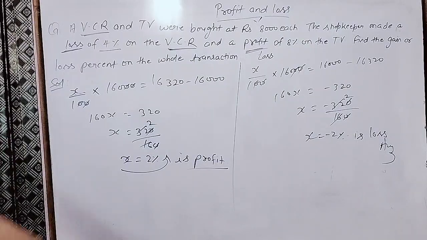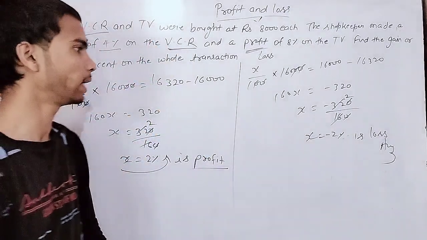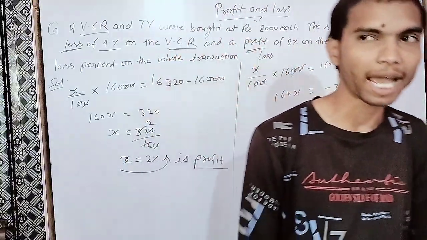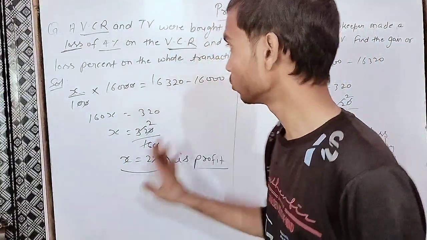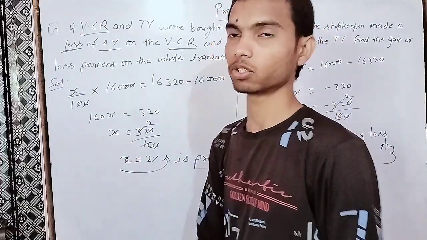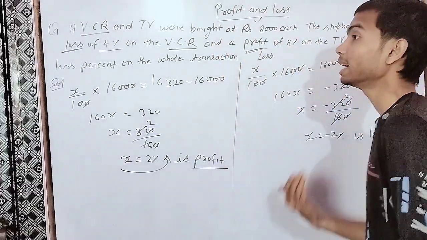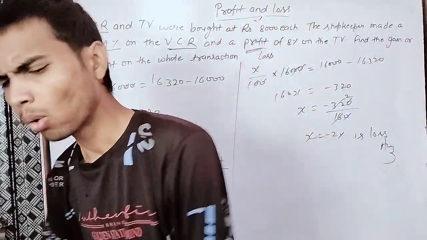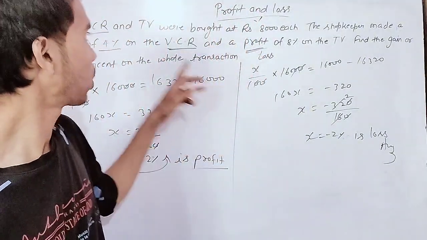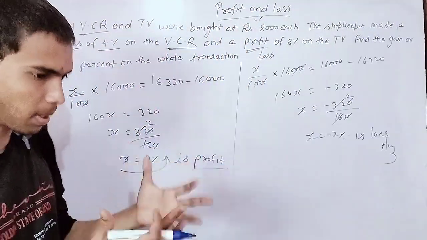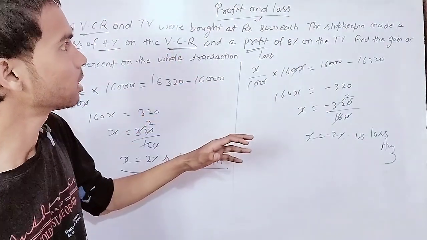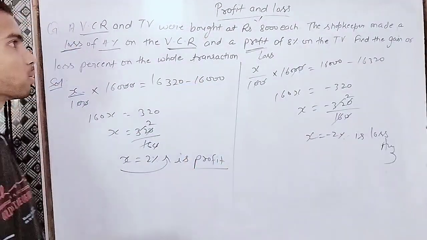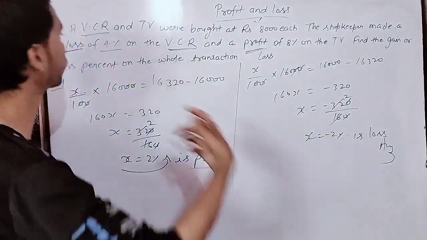This is how this type of question is solved, and here we have solved four things from only this question. First, we tried to find the price of the VCR on which the shopkeeper made a loss of 4%.